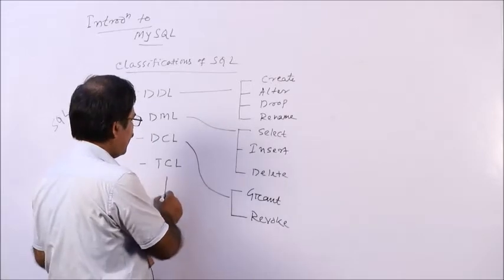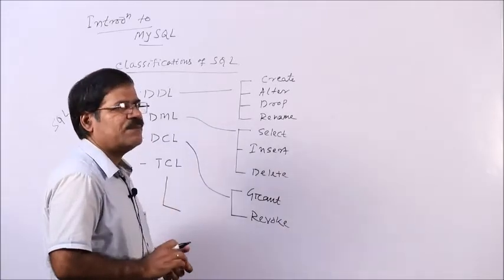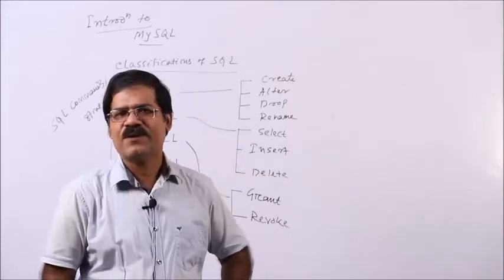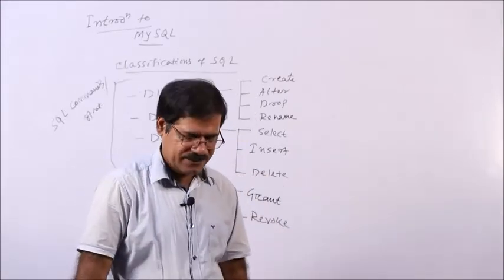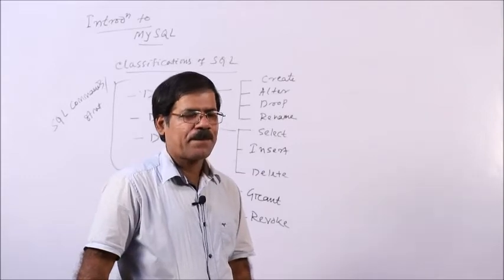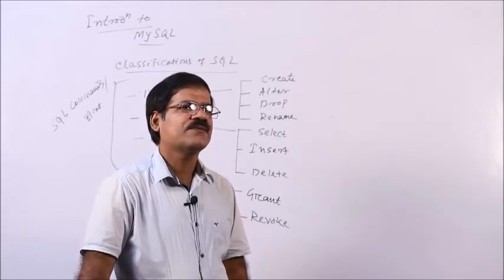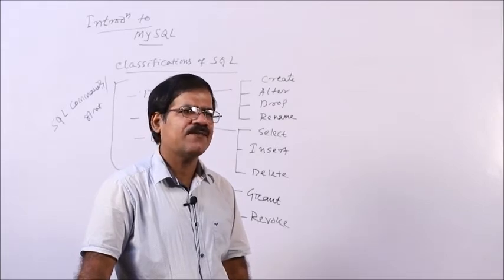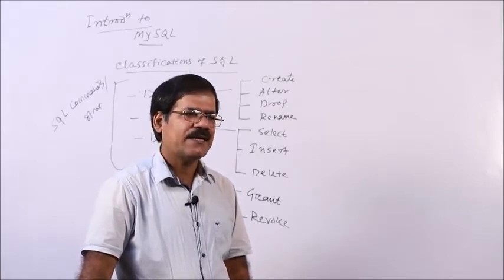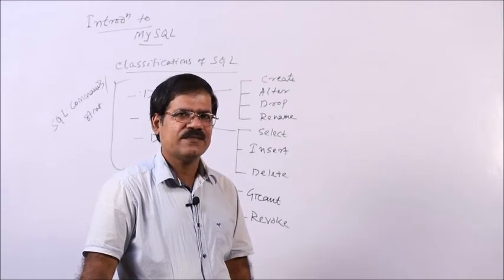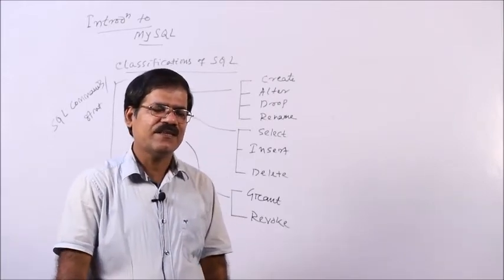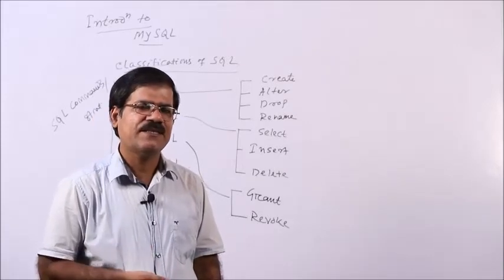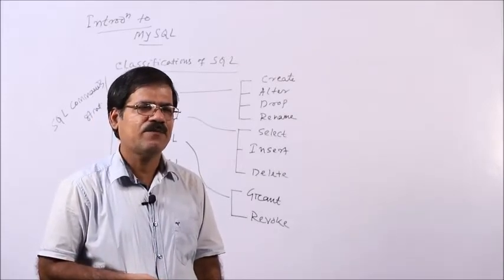Then TCL. TCL means transaction control. We perform different transactions in day to day activities. Suppose you are writing a C program or typing a document. After writing the document, you save it. If you do not save and the current goes out, everything will vanish from memory.